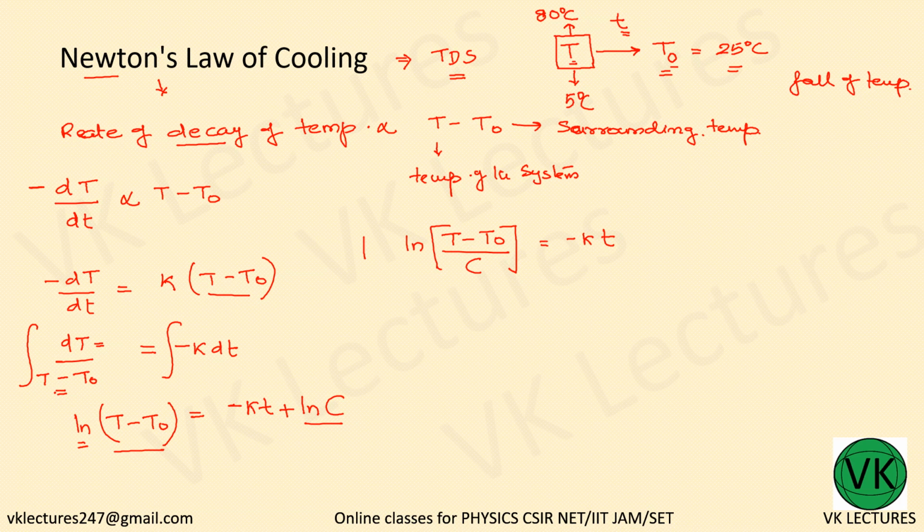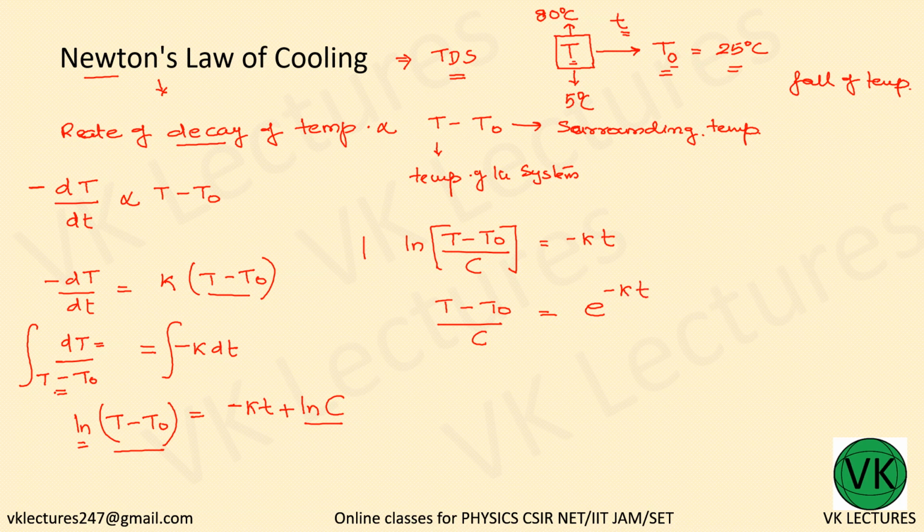From here you can write the exponential: (T minus T naught) by c equal to e to the power minus kt.